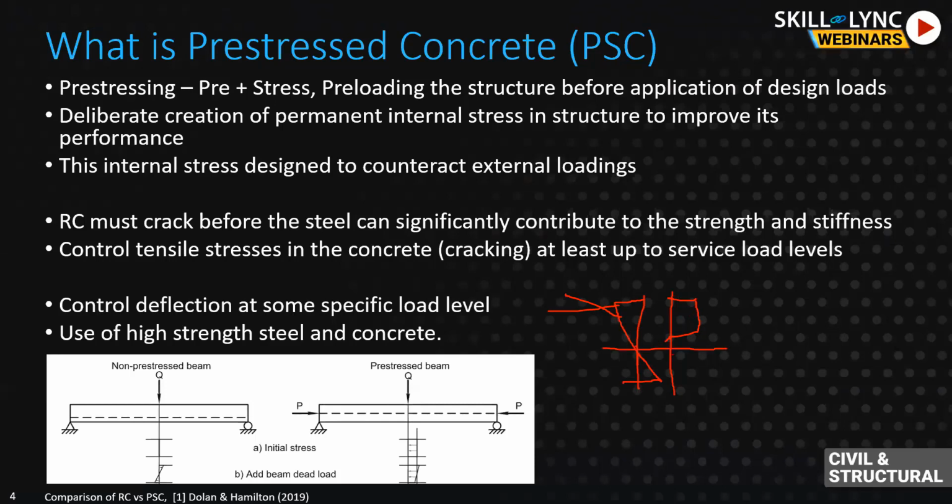And then when you have a tension controlled section, if you keep bending, only then does the steel really come into play, and then it yields, and then the structure fails. Whereas we want to help the reinforcement contribute to the structural capacity of a member before we even start cracking. And that's where the concept of prestressed concrete helps.